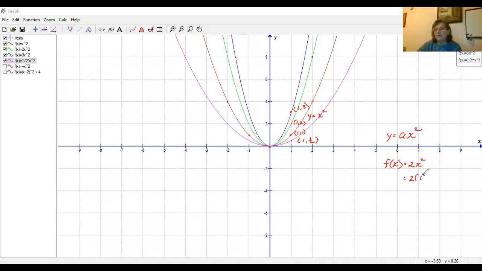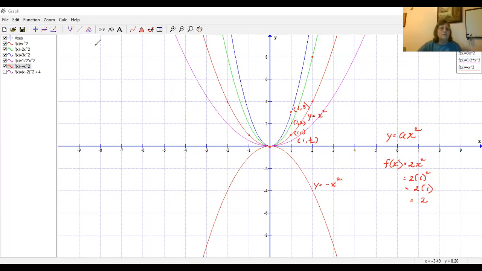So 2 times 1 squared is just 2 times 1, so it's 2. If we plug in a negative value, that's going to give us a reflection over the x-axis. So the graph of y equals negative x squared is a perfect reflection of the graph of y equals a positive x squared across the x-axis.